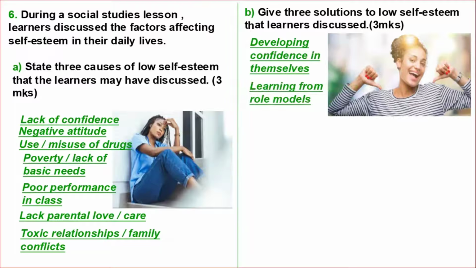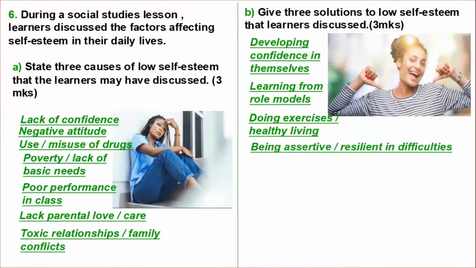Number 2, learning from role models. Please have somebody you can learn from, somebody you can emulate. Number 3, doing exercises. Remember, having healthy living is also a solution to low self-esteem.